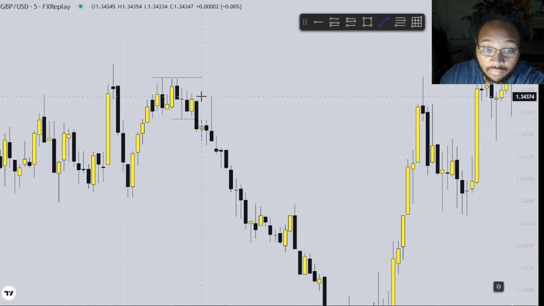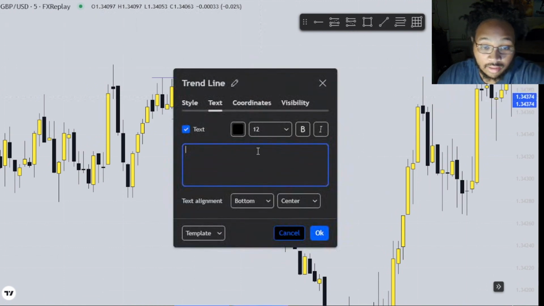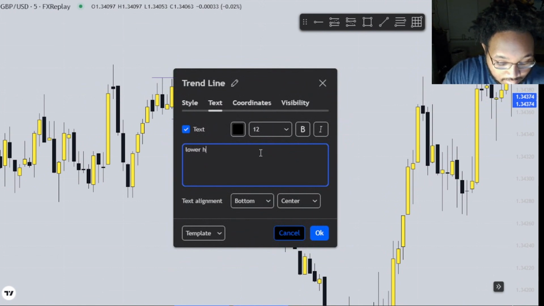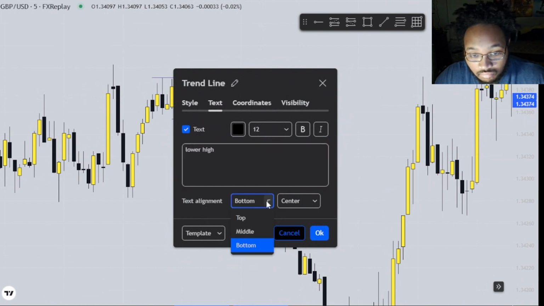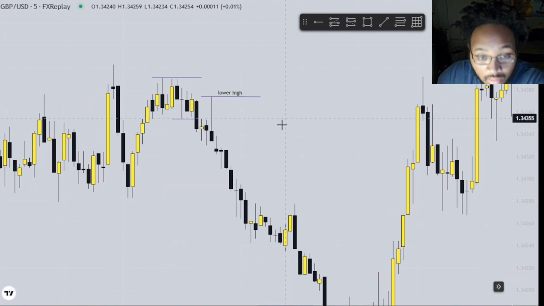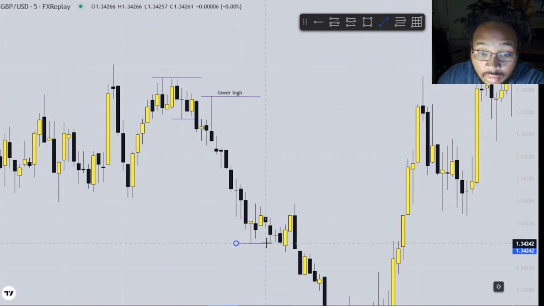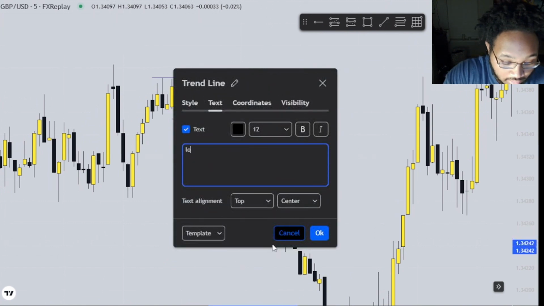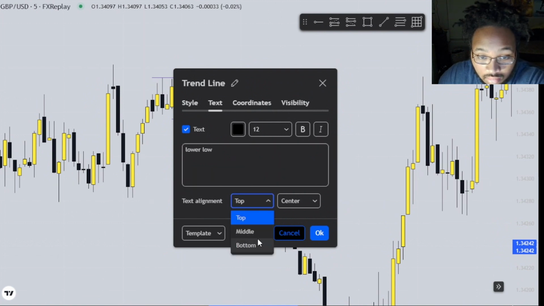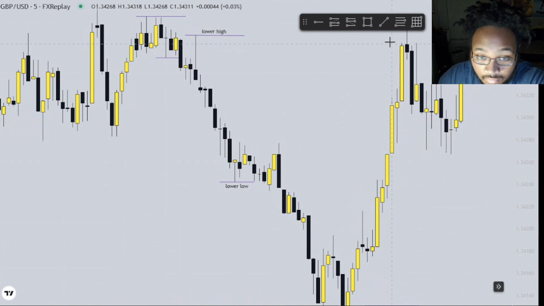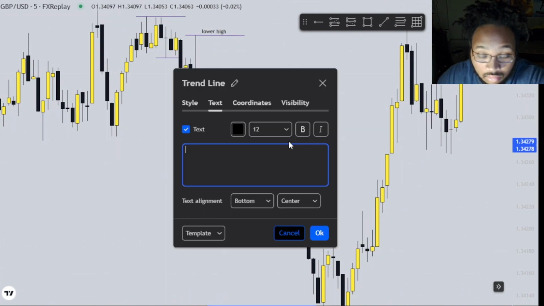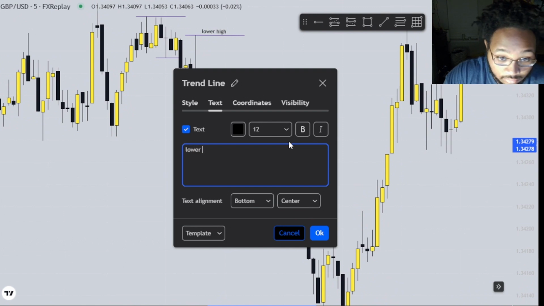Right here we have a lower high. That happened before it, so we're gonna go all the way down here. Right here we have the lower low. Then we have our lower high.